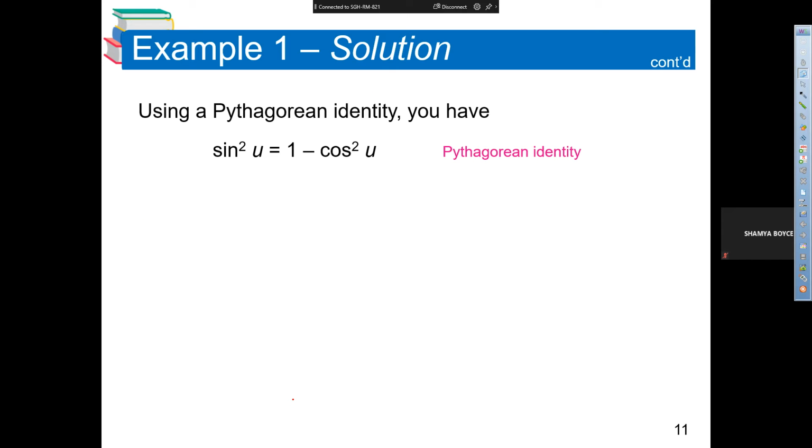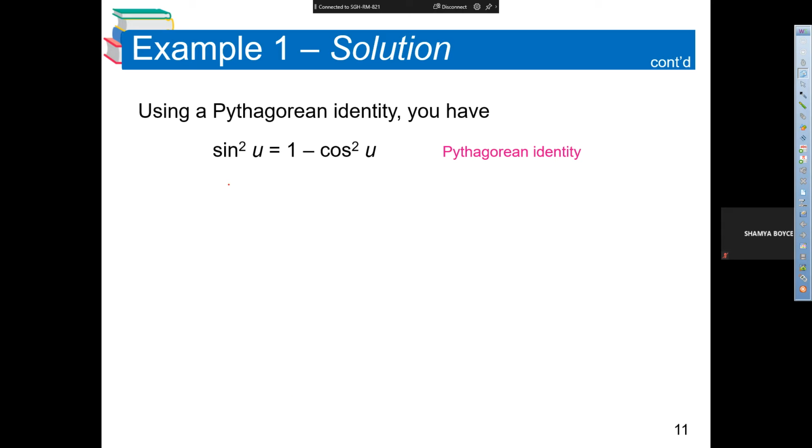All right, so they're going at it in this direction. Using the Pythagorean identity, you have sine squared of u equals 1 minus cosine squared. So they looked through their identities, and now that we know cosine, we can compare sine and cosine here.